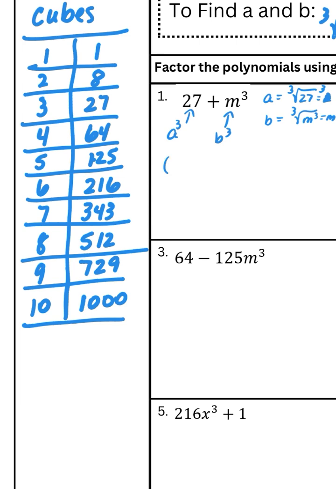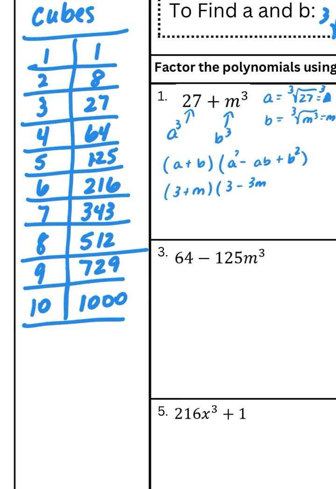So then I'm going to plug it into my formula. I need my 2 sets of parentheses. Remember, my formula is A and B, A squared, AB, B squared. And SOAP means same, opposite, and always positive. All right, then I'm just plugging them in. So A is 3. My first set of parentheses, I've got 3 plus m. And then A squared is 9, minus, and then 3 times m is just 3m.